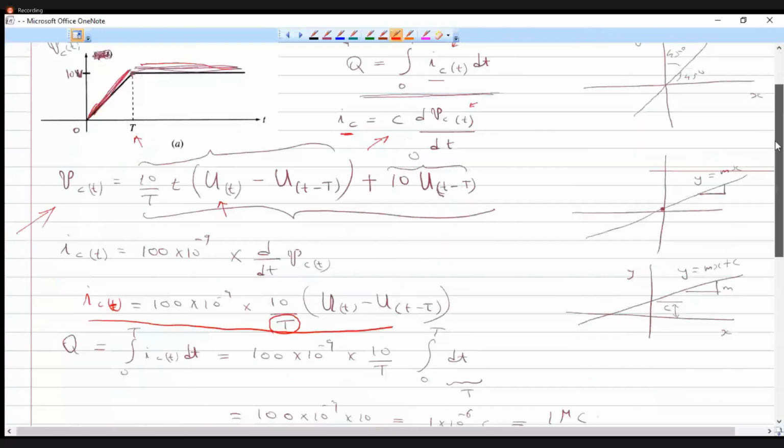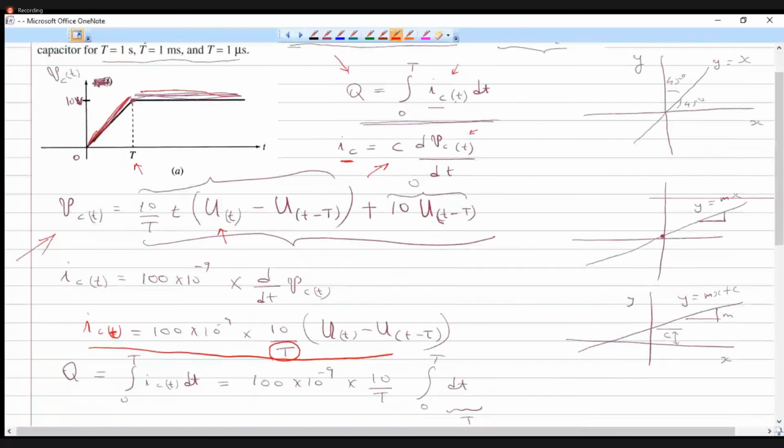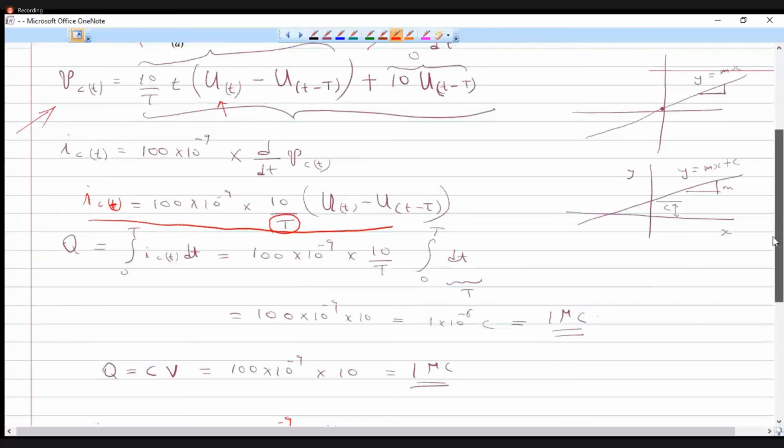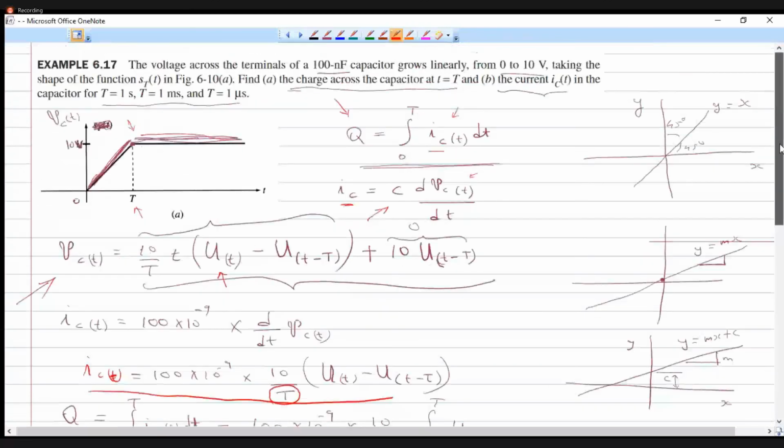Once we got the current, we integrated it with respect to time during the interval 0 to T, because we are interested in the charge at the end of this time period capital T. So the limits of the integral are from 0 to capital T. We integrated it and found the charge is equal to 1 microcoulomb. So one method, like I said, is representing the voltage in terms of the unit step function.